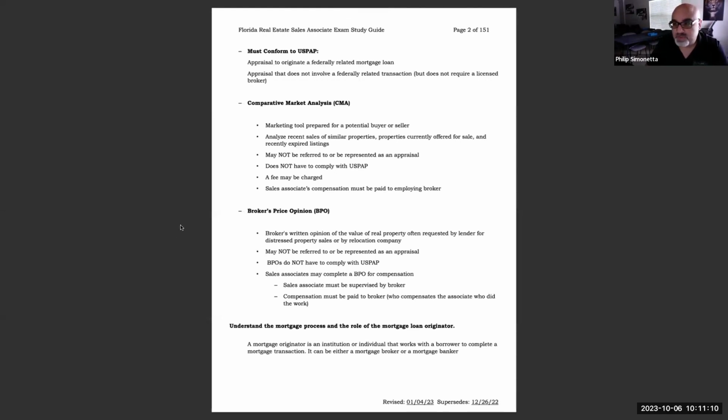All appraisals, if it's called an appraisal, must conform to USPAP regulation and form. It must be on a form. An appraisal is required to originate a federally related mortgage loan. Also, an appraisal that does not involve a federally related transaction does not require a licensed appraiser. A licensed broker can do that.